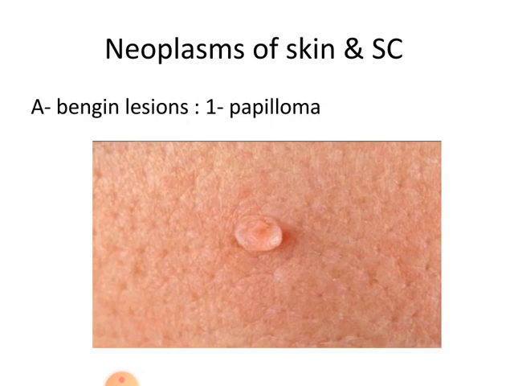It may turn malignant, but only in special sites like the anal canal, especially with human papilloma virus types 16 and 18, which lead to the formation of wart-like projections in the skin of the anal canal that turn into squamous cell carcinoma of the anal canal. Treatment of papilloma is surgical excision.